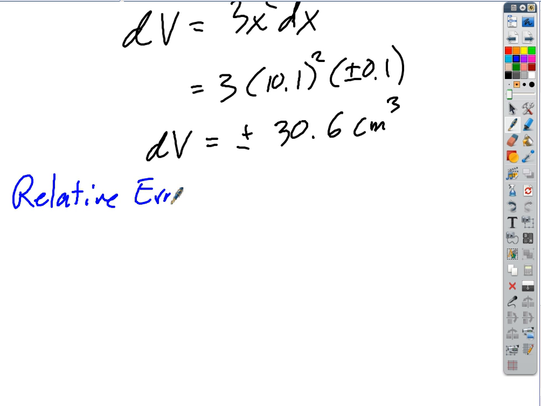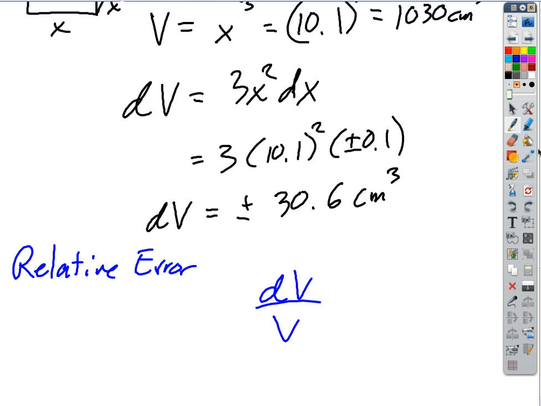And the relative error is just the differential approximation, so how much the quantity is changing divided by the actual value of the quantity. So in this case, it would have been plus or minus 30.6 divided by 1,030. Okay, but watch this.